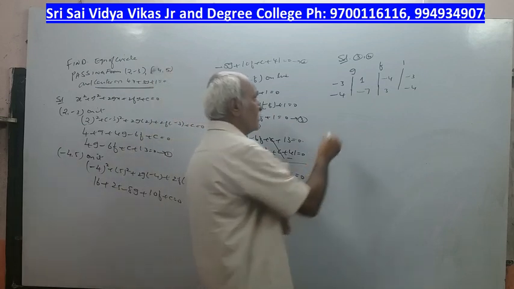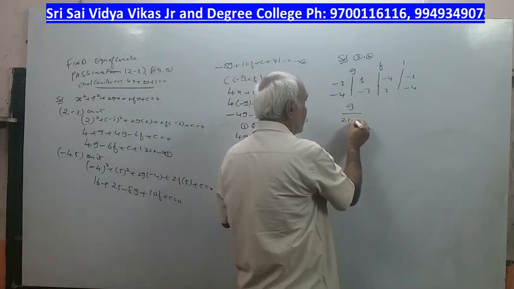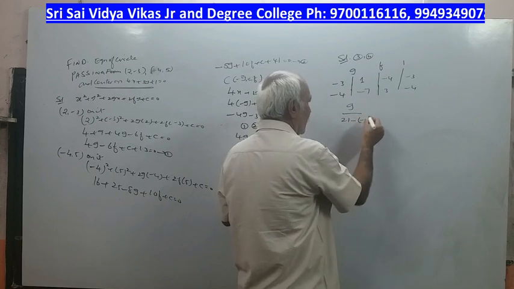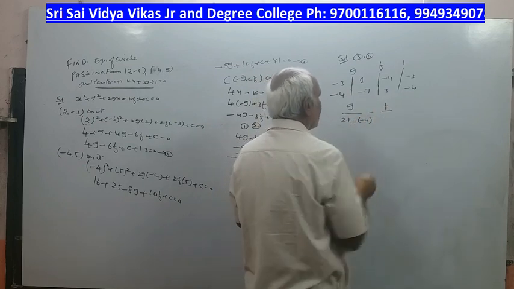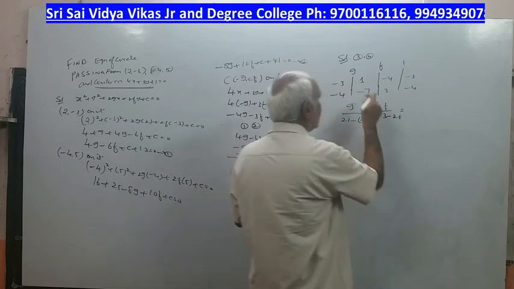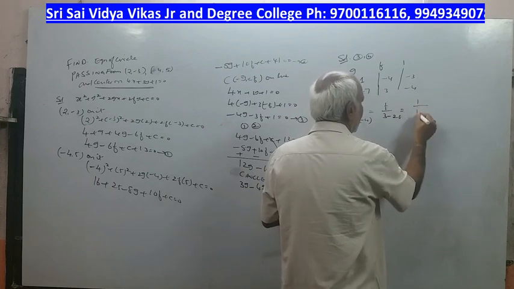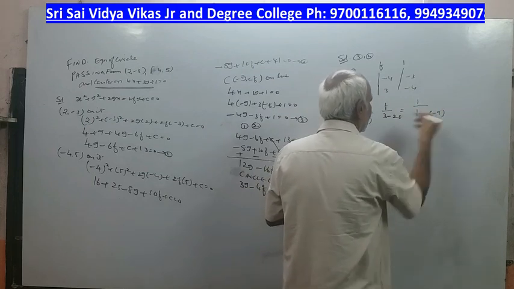So cross multiplication. So g by minus 3 into minus 7, 21, minus of minus 4 is equal to f by 3 minus 28, 1 into 3, is equal to 1 by 16 minus of minus 9.